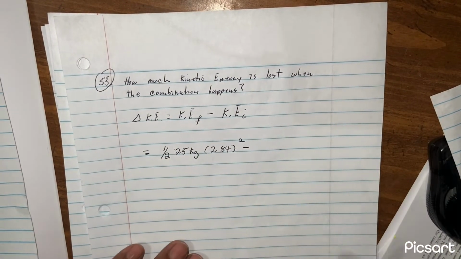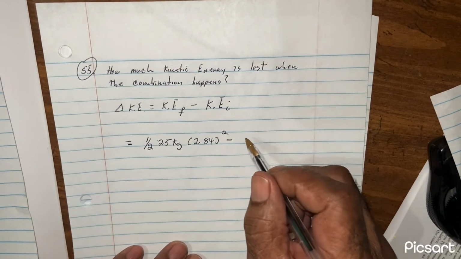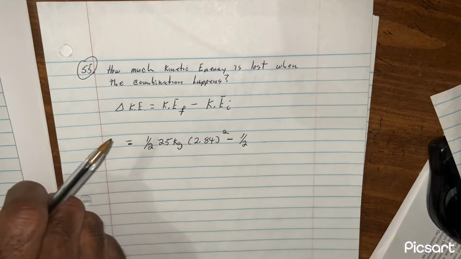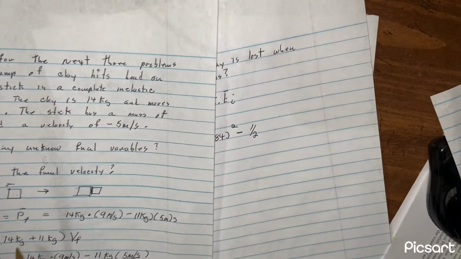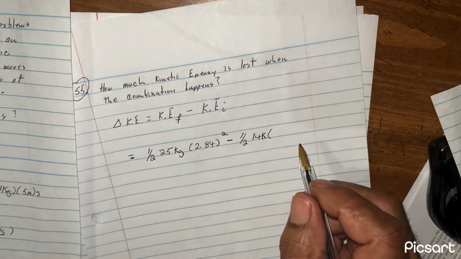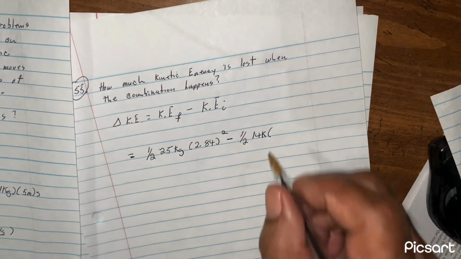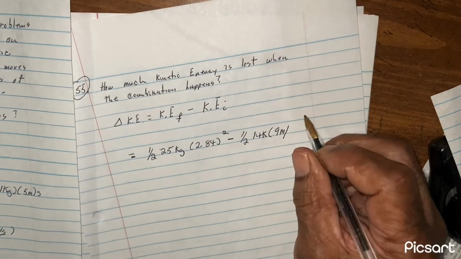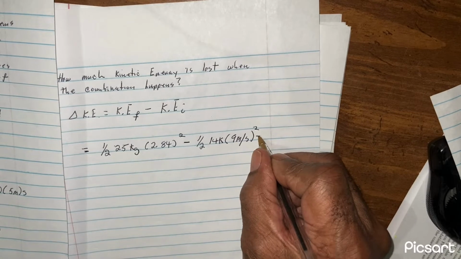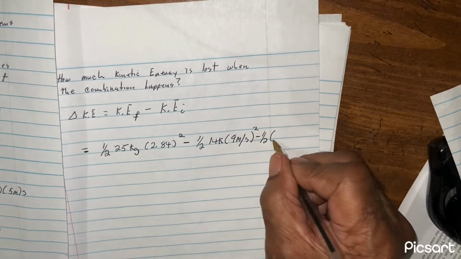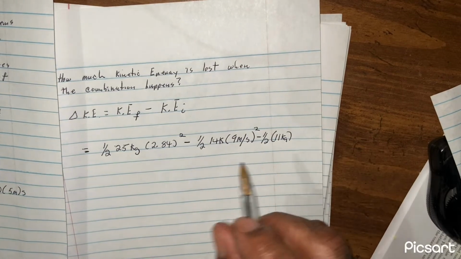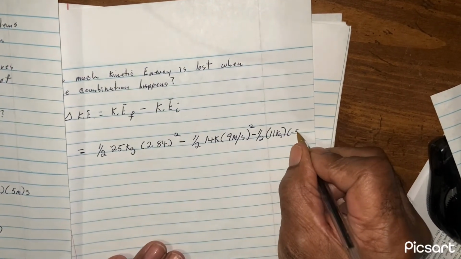And what do we have for the initial? We had 1/2 the mass of the blob of clay, which was 14 kilograms, times its velocity, which was given to us as 9 meters per second, and we square that, plus 1/2 the stick, which was 11 kilograms, times its velocity, which was -5, squared.